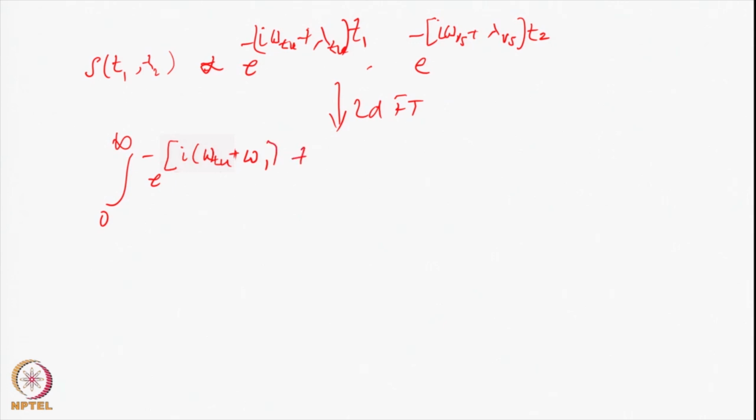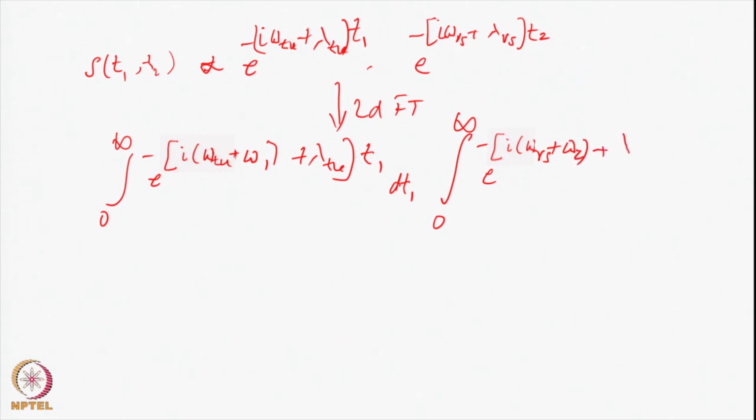For the second Fourier transformation, similarly we will have e to the minus i omega Rs plus omega 2 plus lambda Rs T2, where i multiplies omega Rs plus omega 2, and then you have dT2.